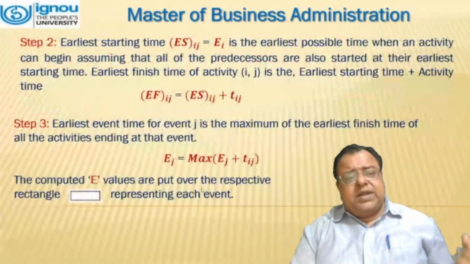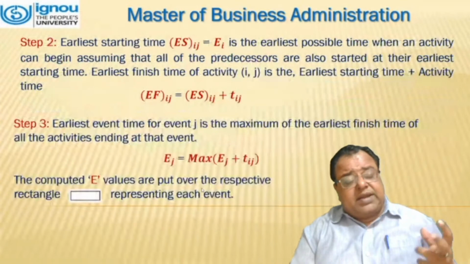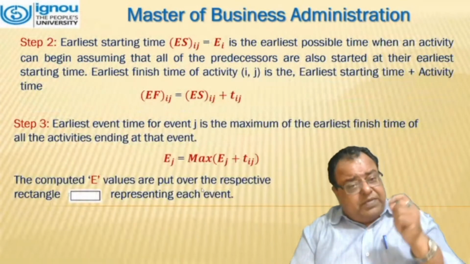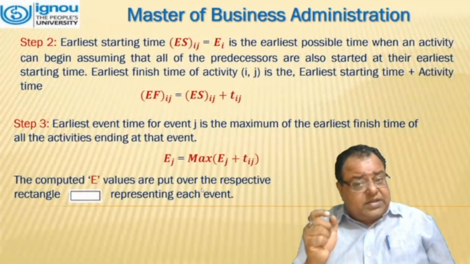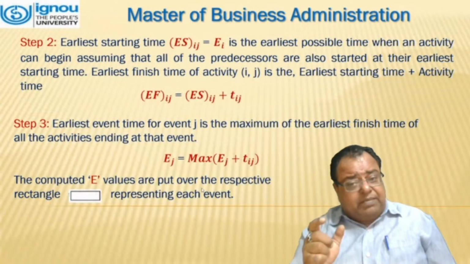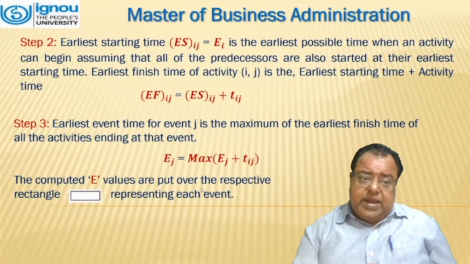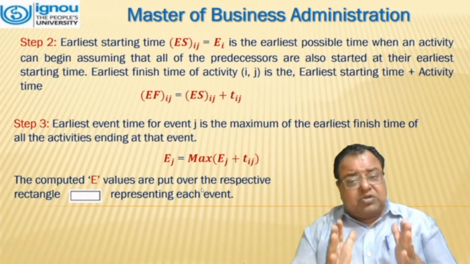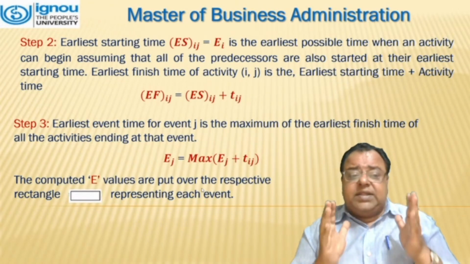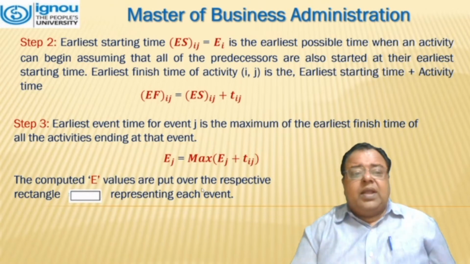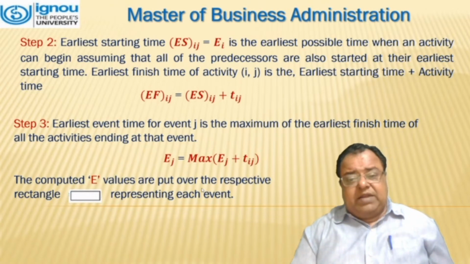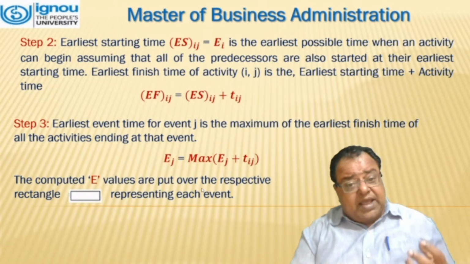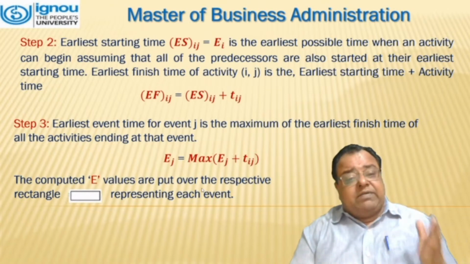Step 2: the earliest starting time, that is ES(i, j), should be equal to E(i), which is the earliest possible time when an activity can begin, assuming that all the predecessors are also started at their earliest starting time. Earliest finish time of the activity is the earliest starting time plus activity time.